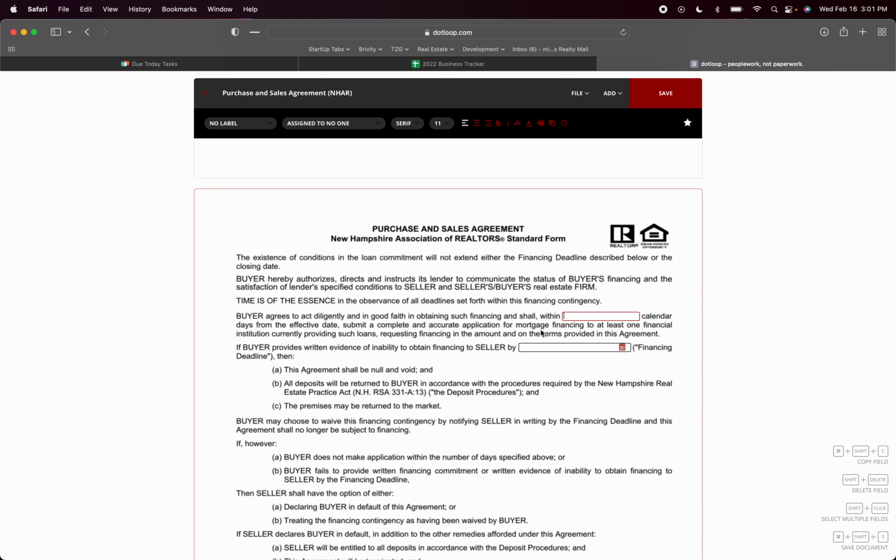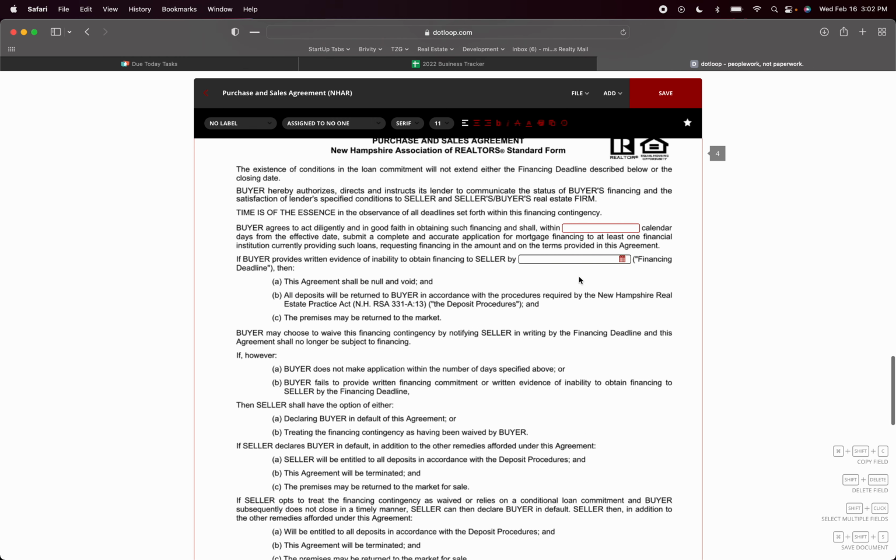This doesn't have to be the lender that they provided a pre-qualification letter from, but that's usually who that application is put in with. But keep in mind, it's very important that your buyer apply for a mortgage within this deadline. If they don't, they could technically run into problems down the line if for some reason their financing was denied, as an example.